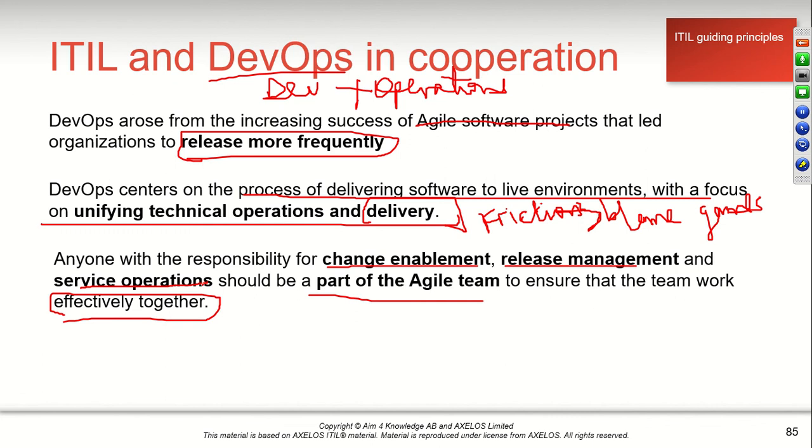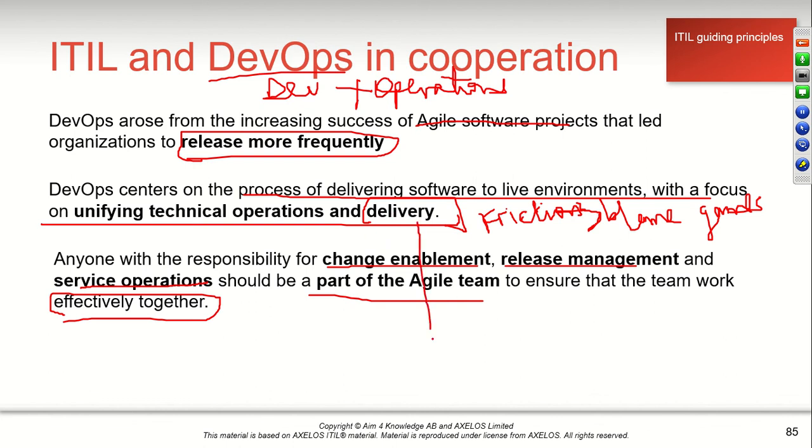And these practices have people who are responsible for them, people who are managing them. They are supposed to be part of the Agile team so that they can work together as one. Under release management and service operation, you have people in both operations and delivery.